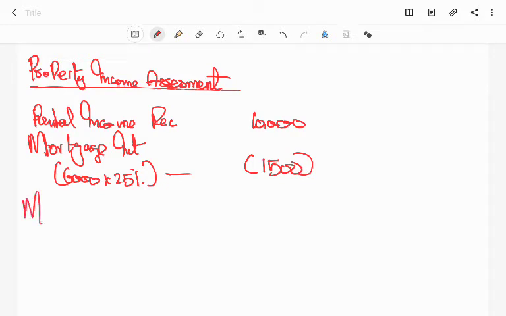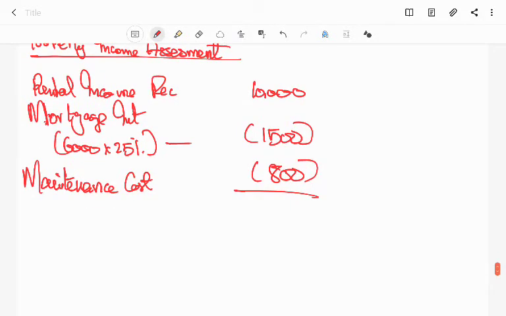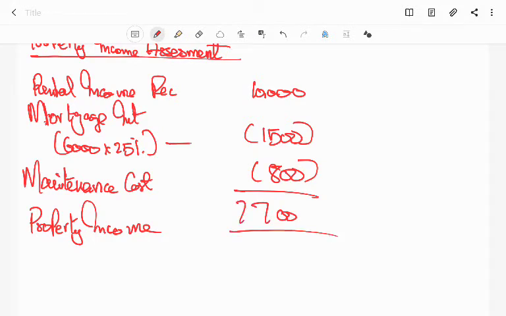Maintenance cost 800. Property income 7,700.